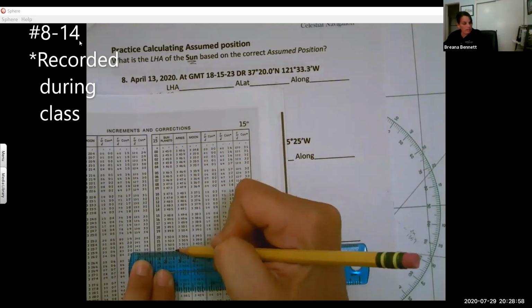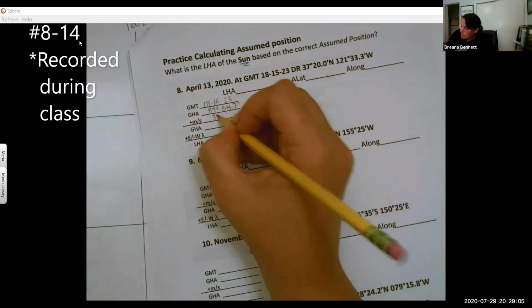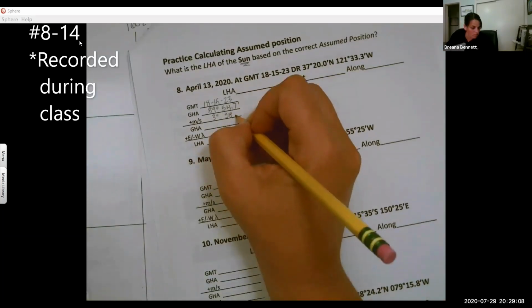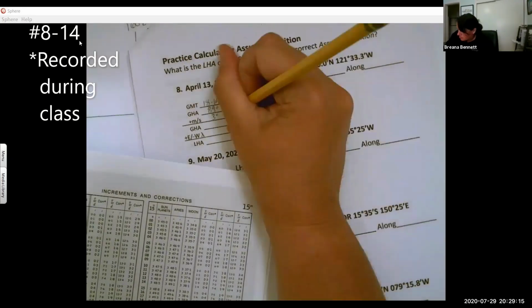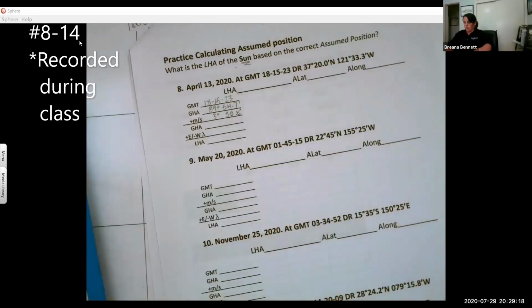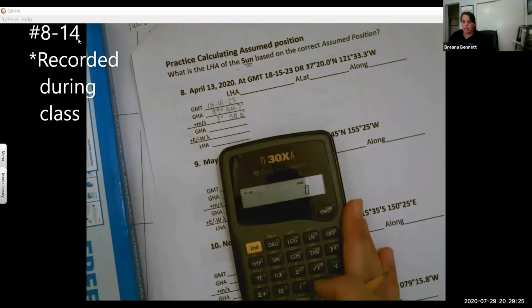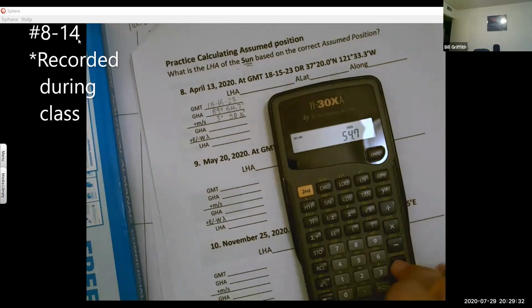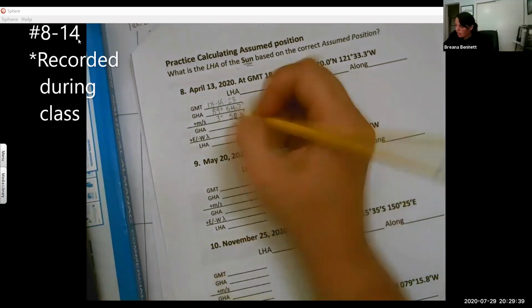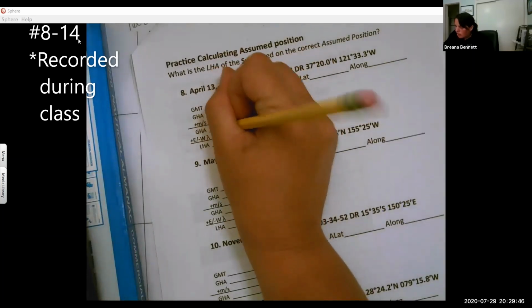That gives us 3 degrees, 50.8 minutes. So then on my calculator, I can figure out what my GHA is. And I got 93 degrees 45.5 minutes.